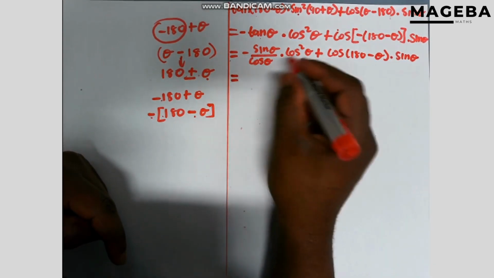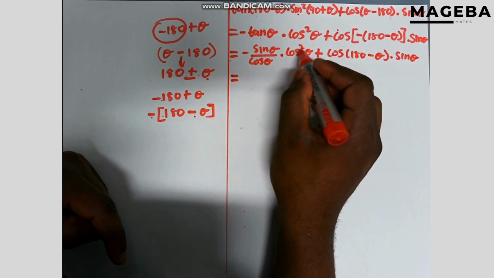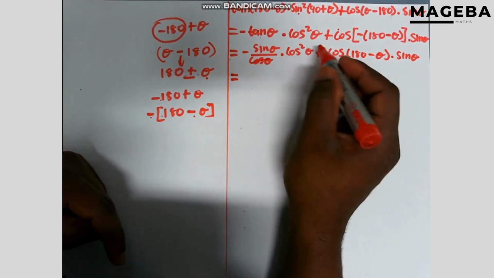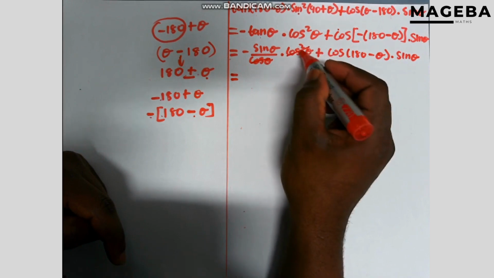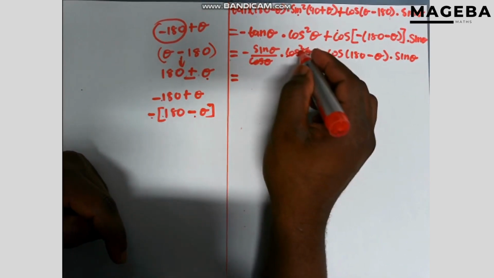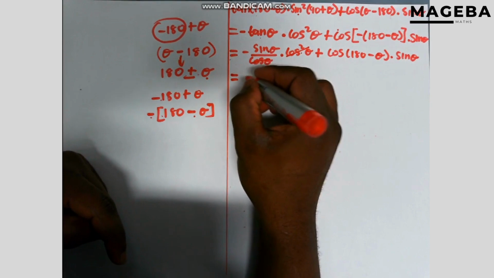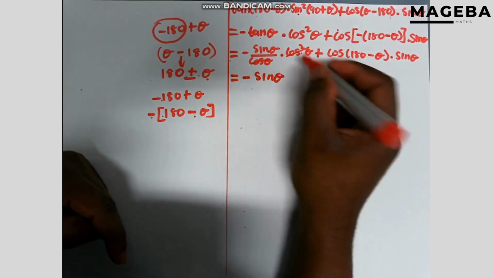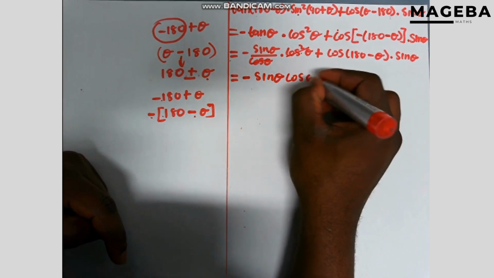And then here we have this cos and these two in this cos squared theta. So this cos is going to cancel with one of the cos here, but you're going to be left with one cos. Then that cos is going to multiply with this sine, so it's going to be negative sine theta cos theta.